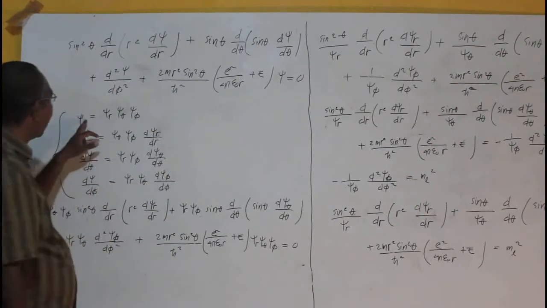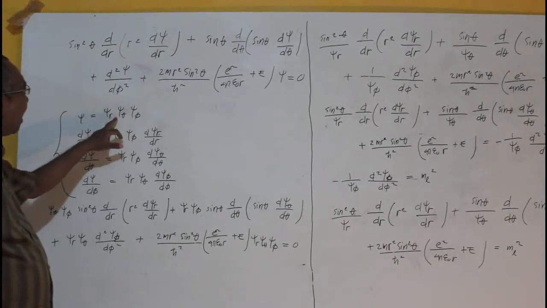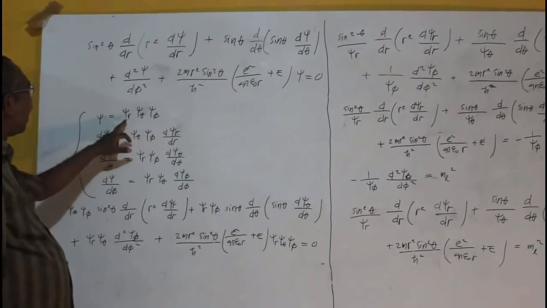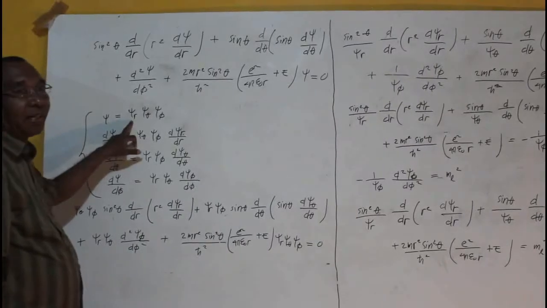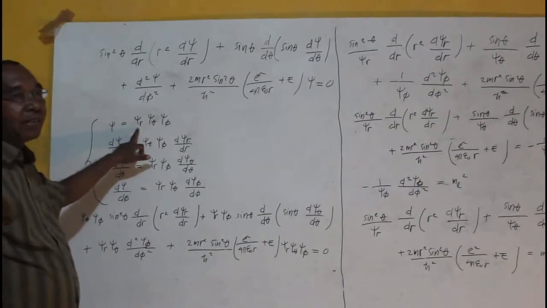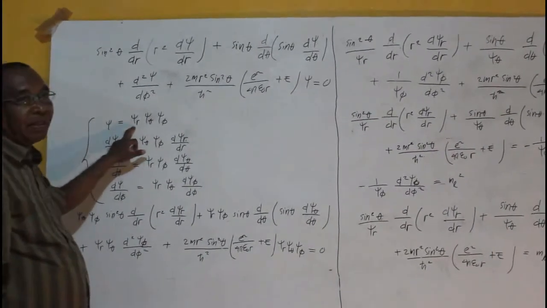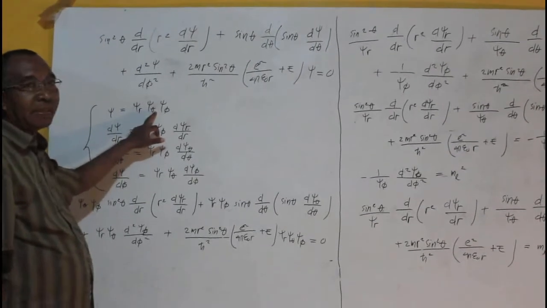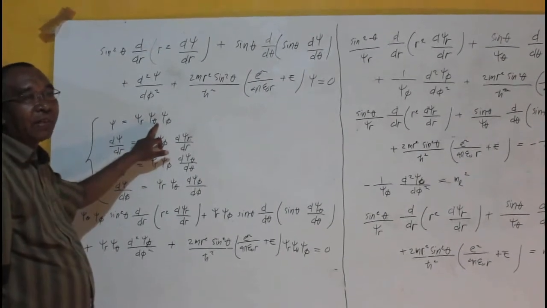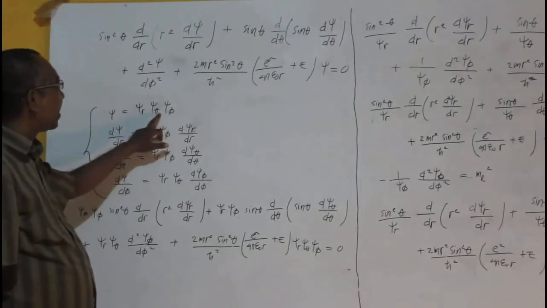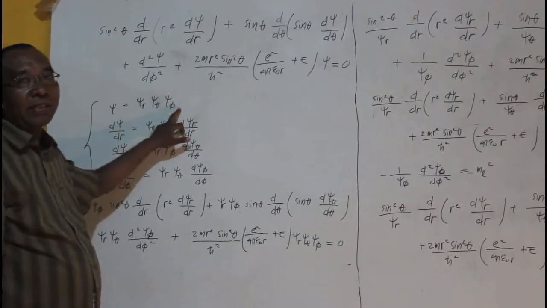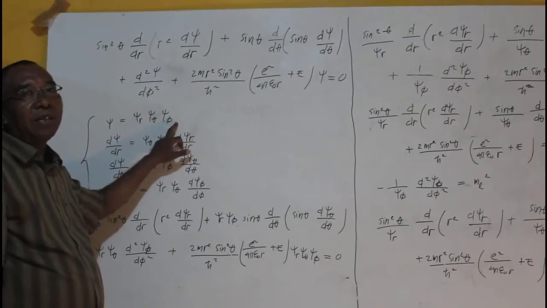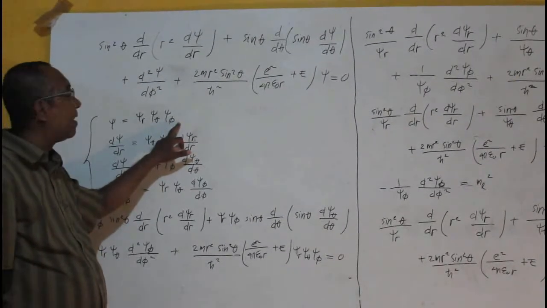Thus we write psi equals psi r times psi theta times psi phi, where psi r is the radial wave function, that is the wave function describing the radial position. Psi theta is the zenith wave function, describing the zenith position, and psi phi is the azimuth wave function, describing the azimuth position.